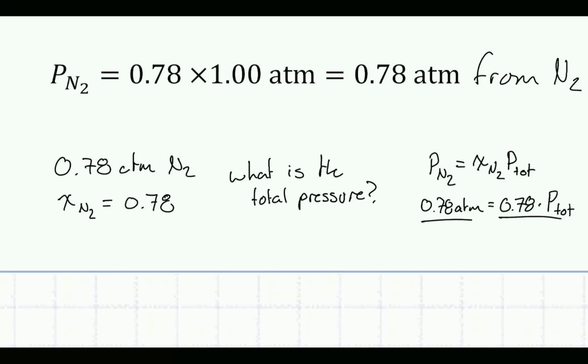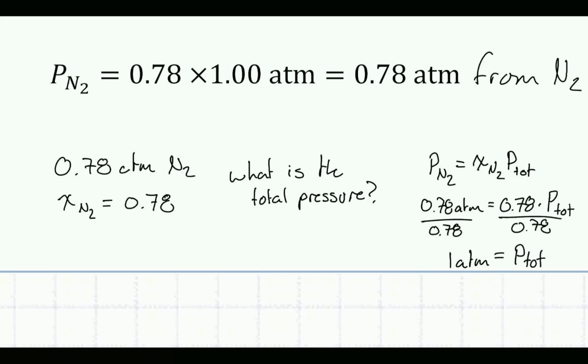Divide both sides by 0.78, and this will become 1 atmosphere equals the pressure total. Obviously here, it feels a little bit weird because the mole fraction and the atmospheres are the same number. That won't always be the case.